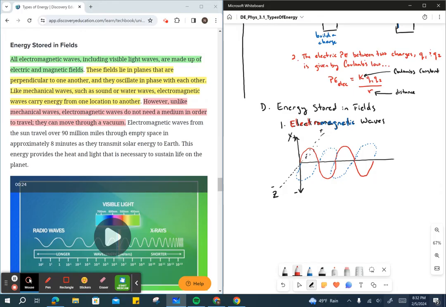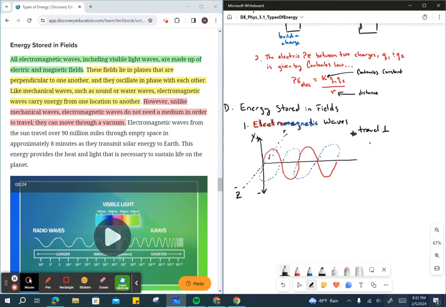And they travel perpendicular. That symbol means perpendicular to each other. Okay, they travel perpendicular to each other.